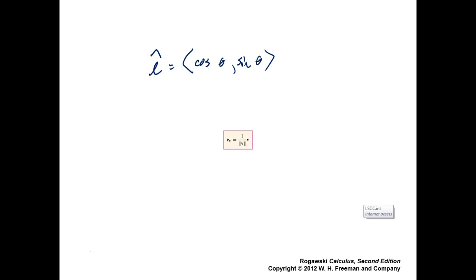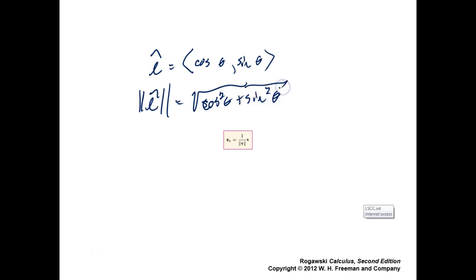What was the definition of the magnitude of a vector? Yeah, the length. And what is that? The square root of a squared plus b squared. So let's do what you just said. The magnitude of this vector E, which I'm claiming is a unit vector, but it doesn't necessarily have to be, would be the square root of cosine squared theta plus sine squared theta.